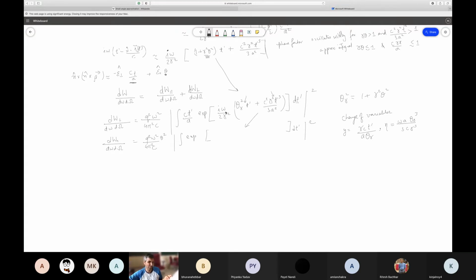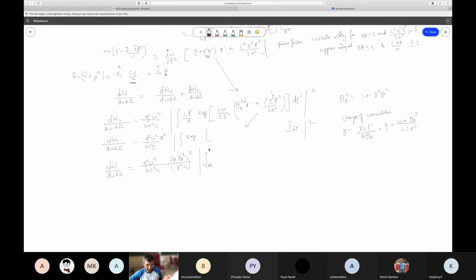These are just to make this integral more tractable. If we do that change of variable, we have dW by d omega equals q squared omega squared by 4 pi squared c. Actually, it's a good idea for you to work this out on your own. There's nothing very tough, but it's a little tedious.